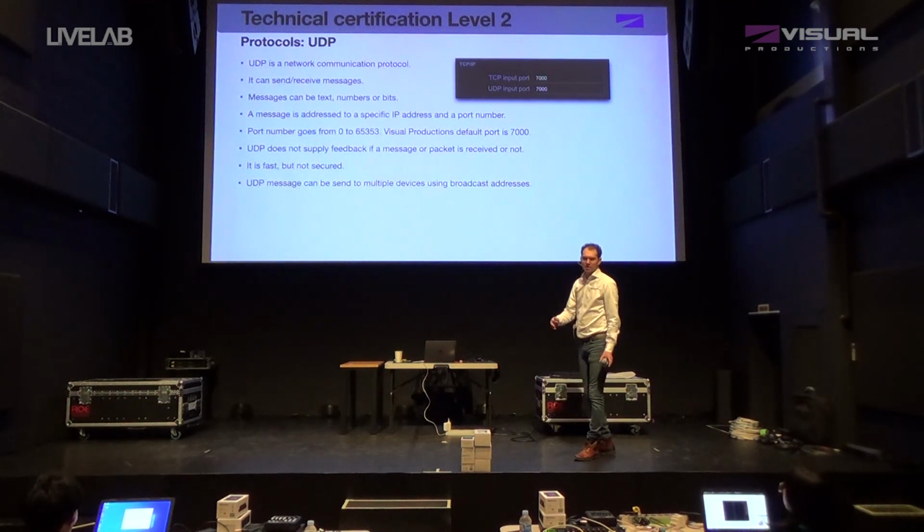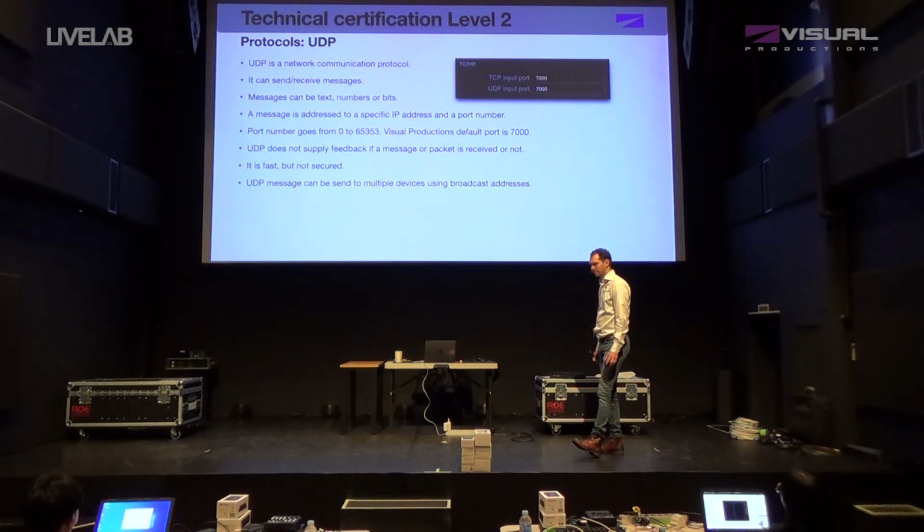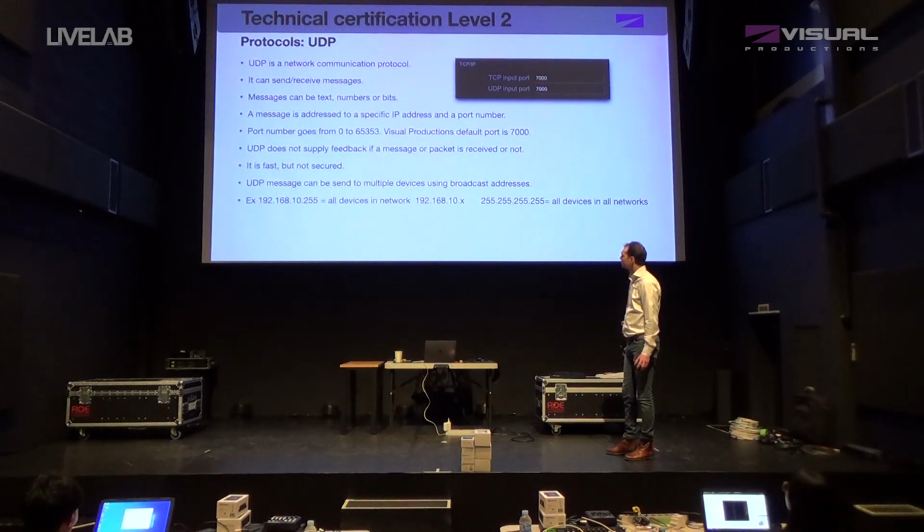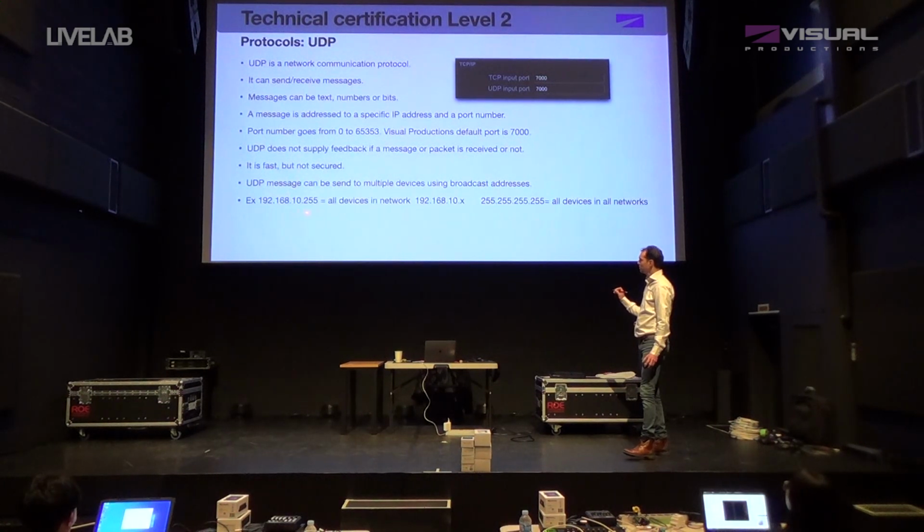UDP messages can be addressed to multiple targets at the same time. And to do that, you use the broadcast addresses. So if you want to send a message to all the devices of one subnet, you use just 255 at the end of the address.